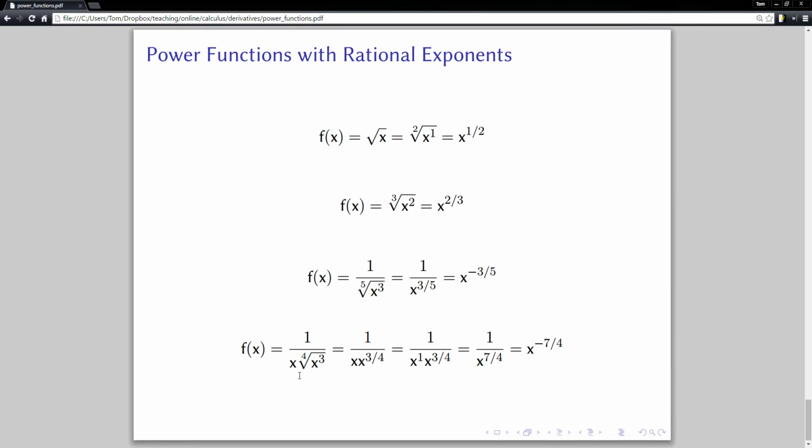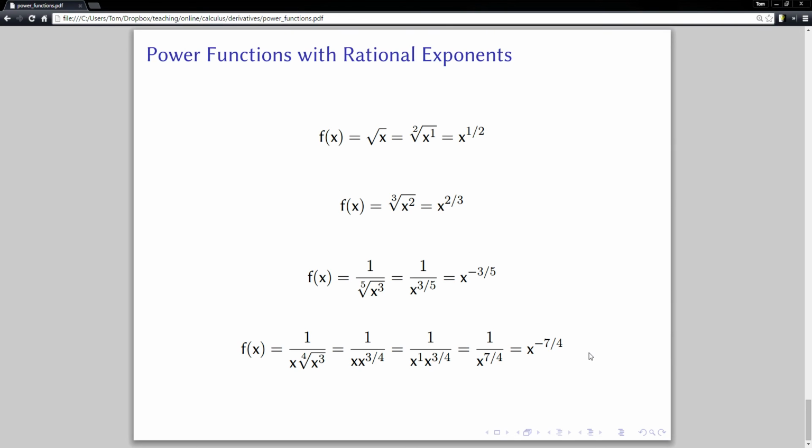So at first, when you see a function like this, you might not realize that this is a power function, but using the rules of algebra, you can rewrite it as x to some number power. That process is going to be critical in taking the derivatives of these power functions. So notice in this video there was really no calculus whatsoever.